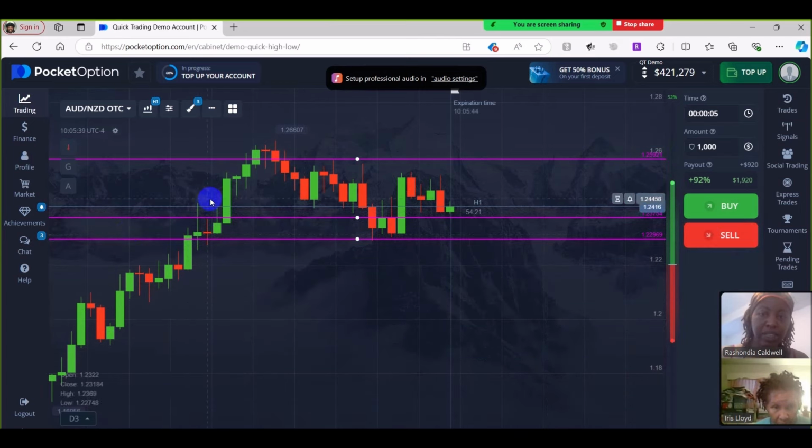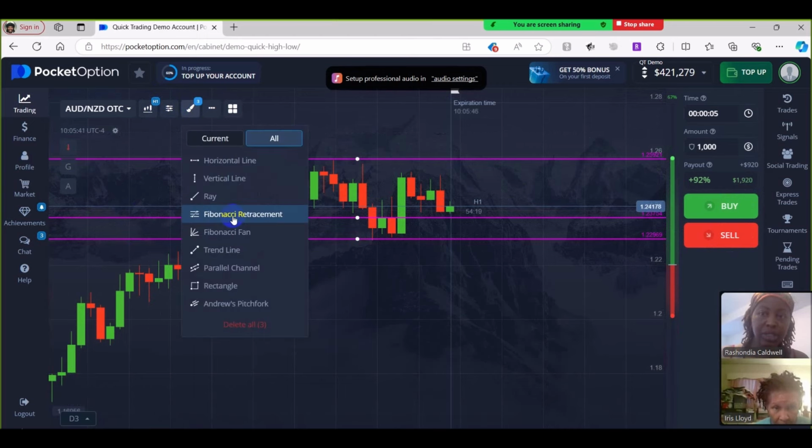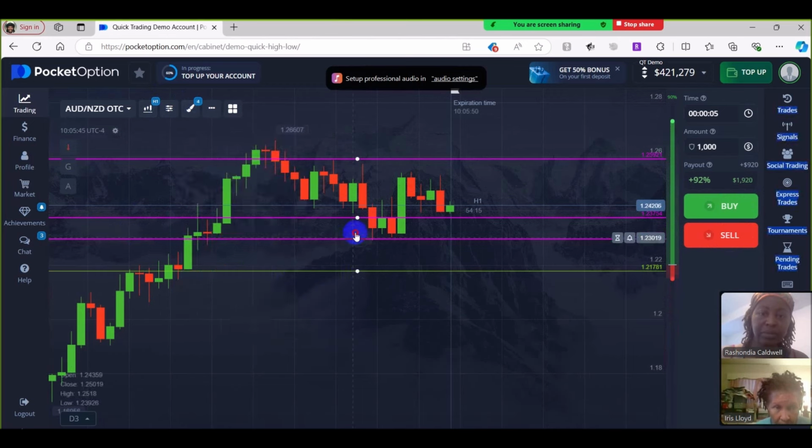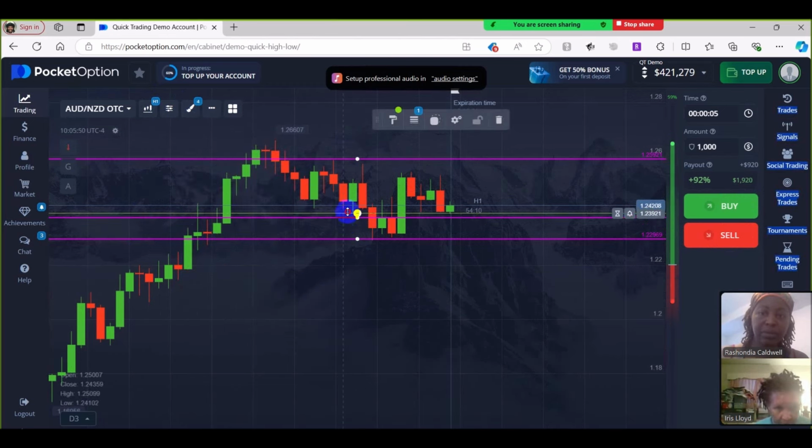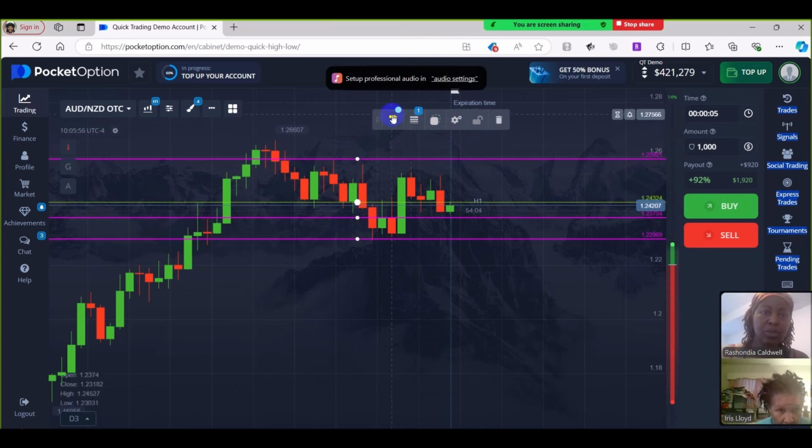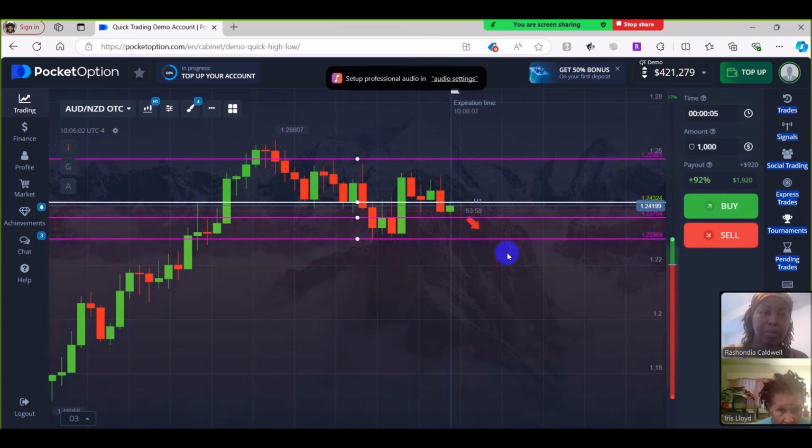And if you see that, you can draw another line right here. And we can make this one white since this is on a different time frame. But you see, once it comes up to this line, it bounces back down. Look at it going back down.